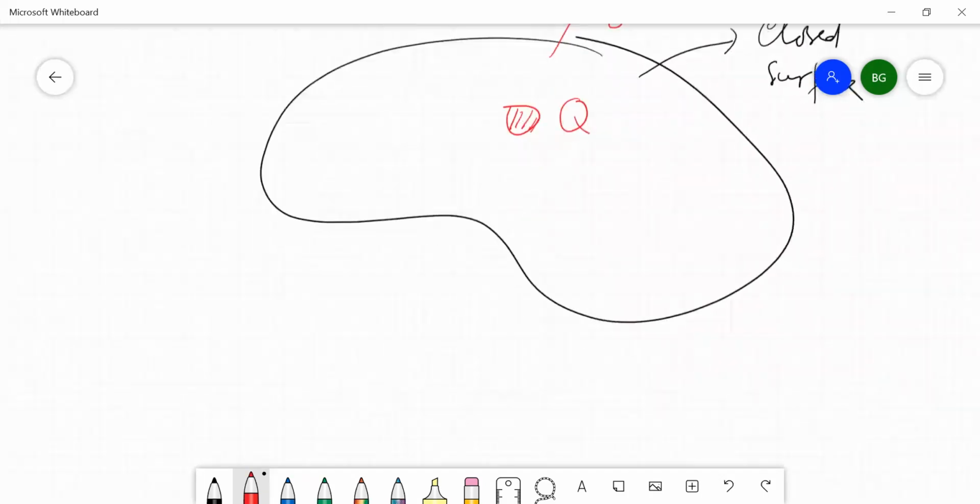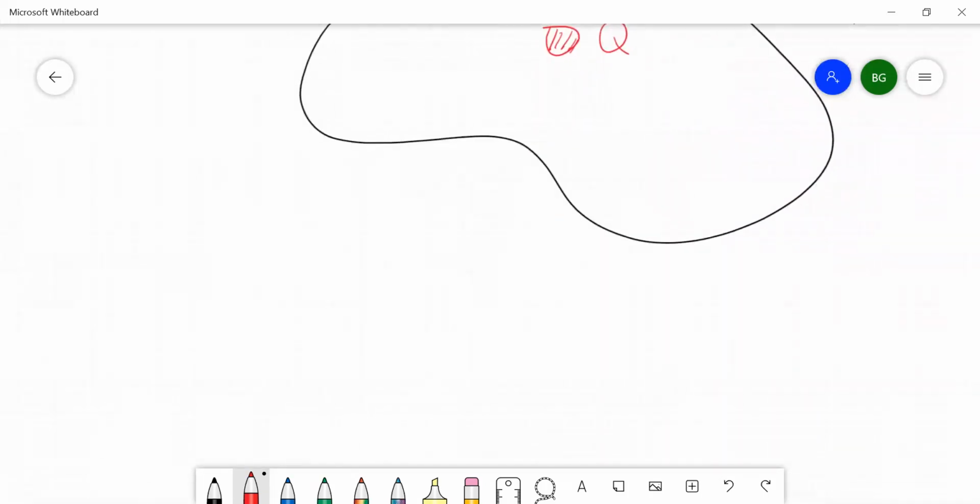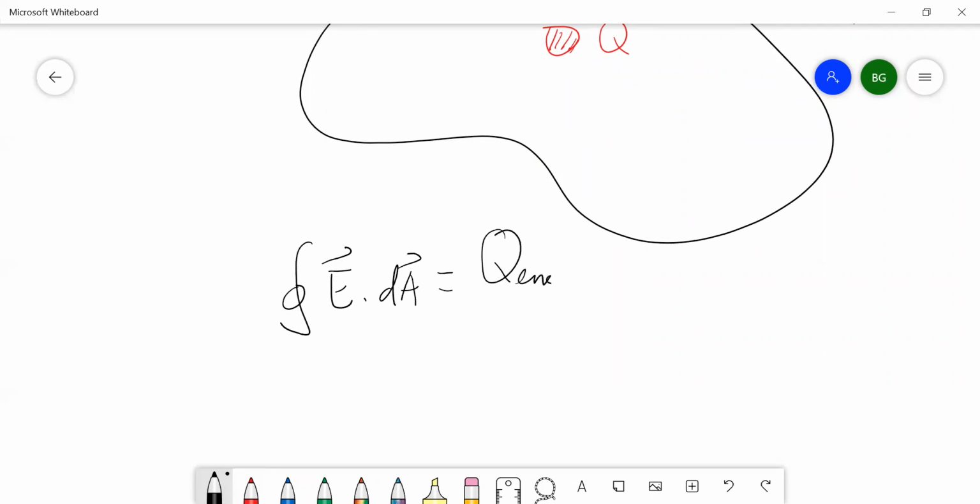So Gauss's law means that the flux from the closed surface equals Q enclosed over epsilon 0. This is the vacuum permittivity.